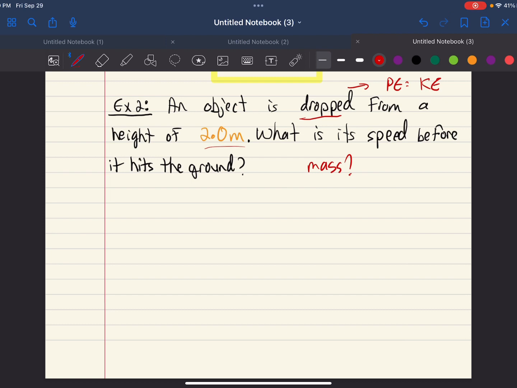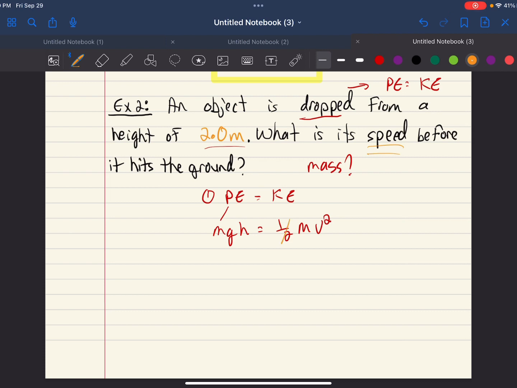Well, again, do the algebra properly. So I'm going to write my potential energy is equal to kinetic energy, which expands into the mass times gravity times height, which is equal to half mass multiplied by the v squared, or speed squared. And if we do the algebra first, let's say I'm going to isolate for my speed.